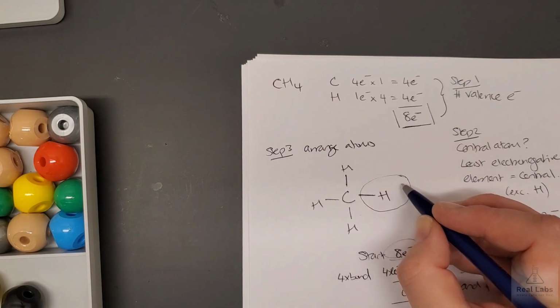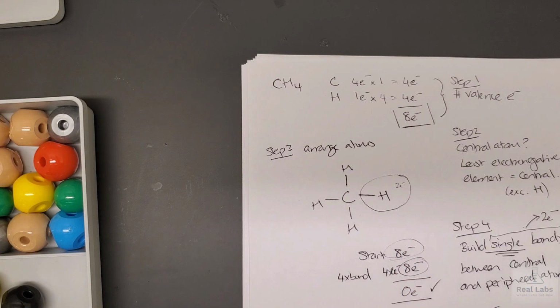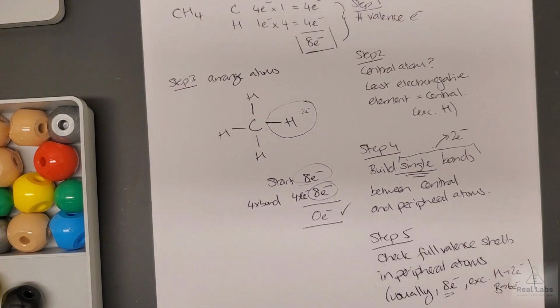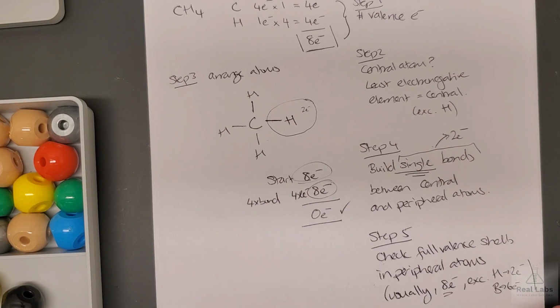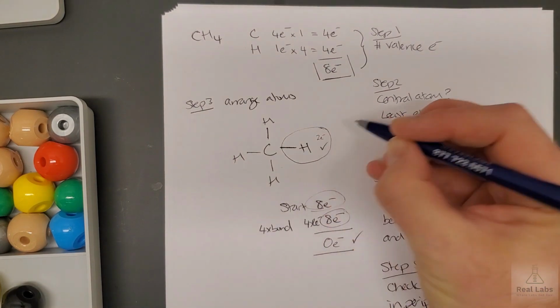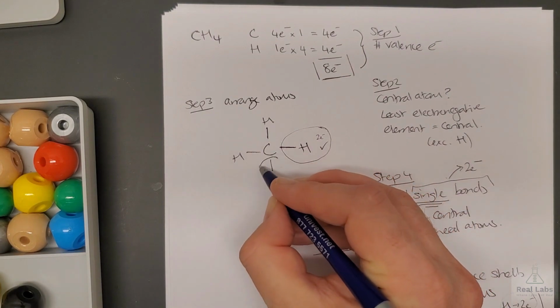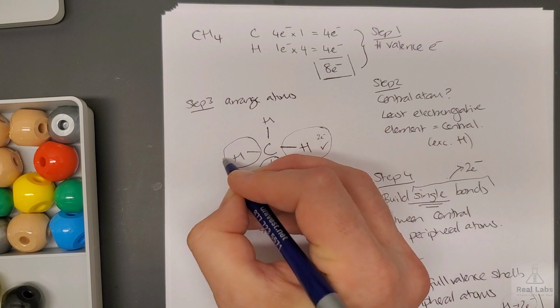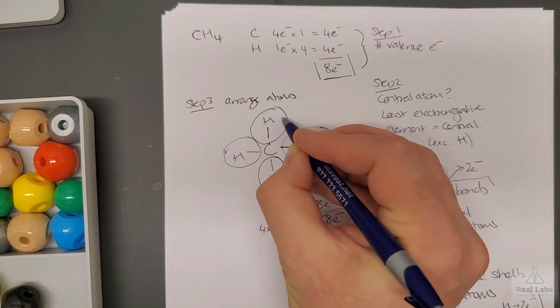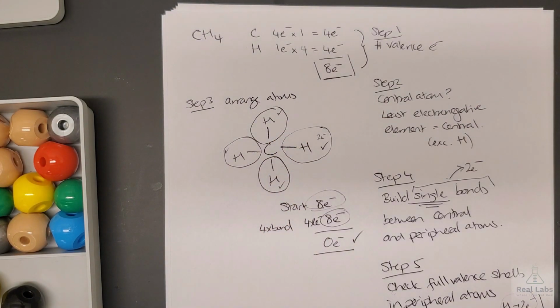So I can say there are 2 electrons inside that sphere, and 2 electrons for hydrogen, like I talked about a moment ago, is a full valence shell. So this hydrogen is good. Now each of these hydrogens is the same, right? It has that bond in it. So they each have 2 electrons. So I can comfortably say that each of these peripheral hydrogens has a full valence shell, and they're satisfied.